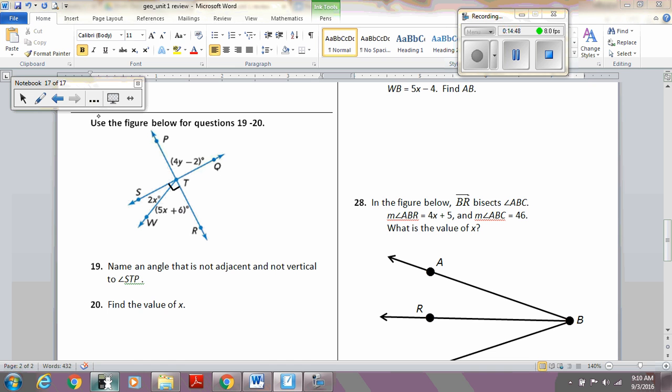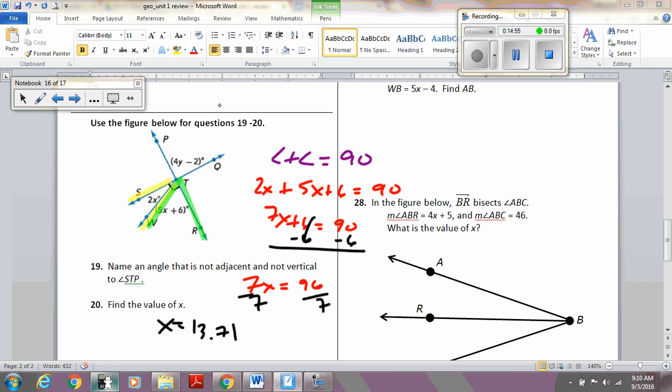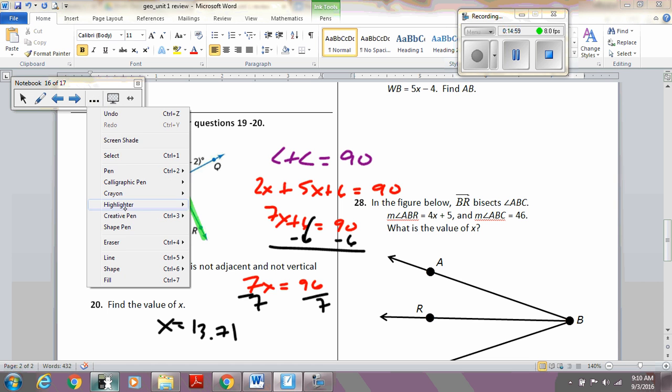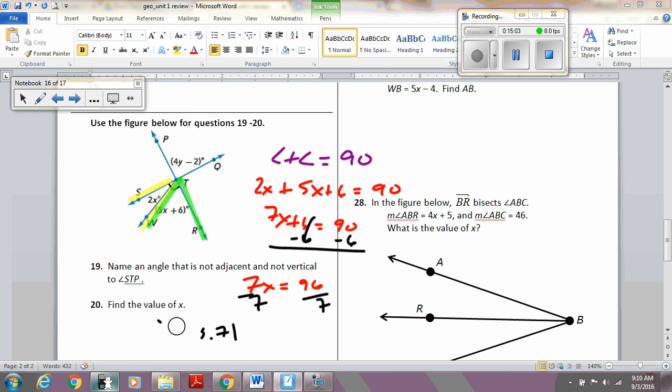Oh my goodness. I just realized I made a mistake. I was subtracting 6, and in all actuality, I added 6. So let's fix that right now. I showed subtraction, but I still added.